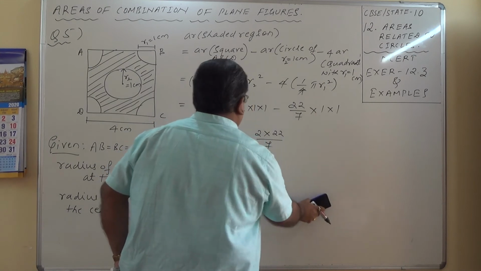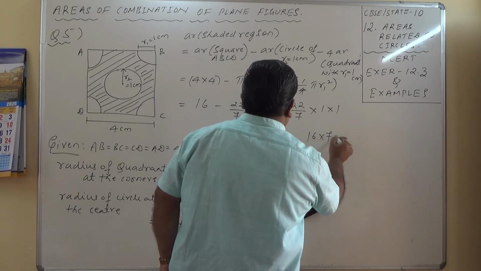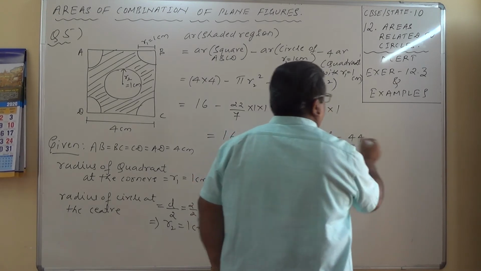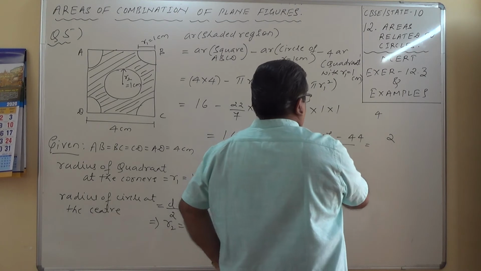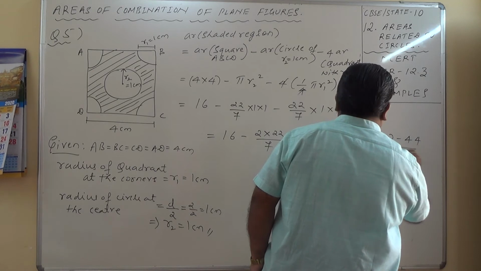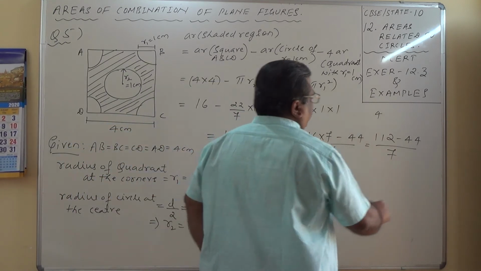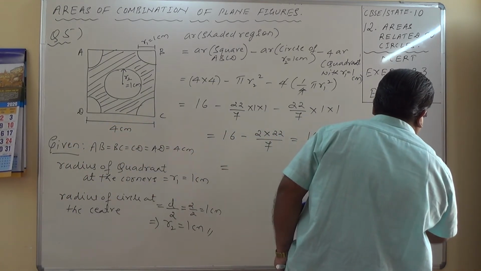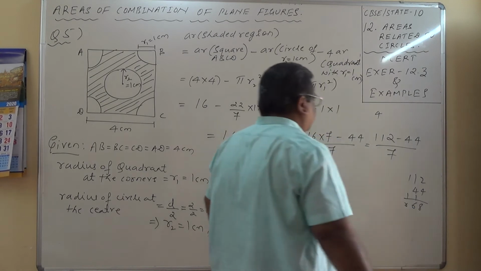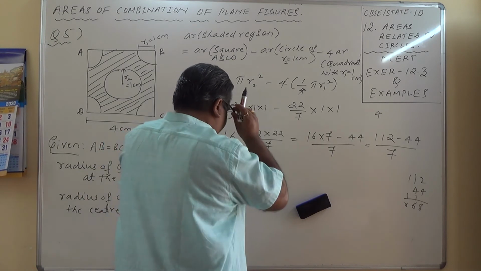Which is equal to LCM, of course, is 7 here. 16 into 7 minus 44 divided by 7, which equals 112 minus 44 divided by 7, which is equal to 68 divided by 7.